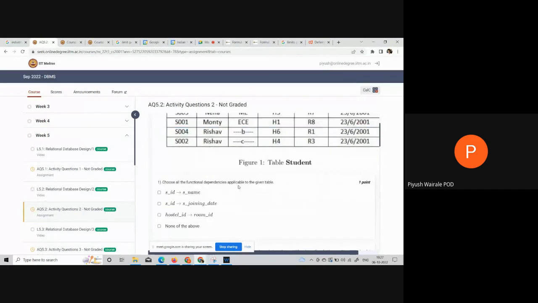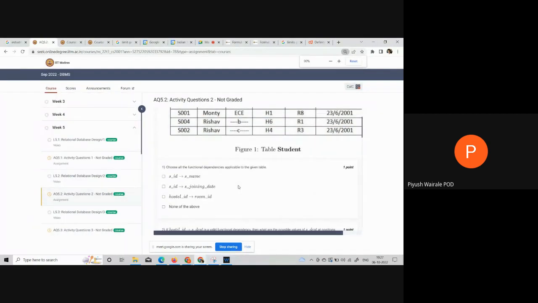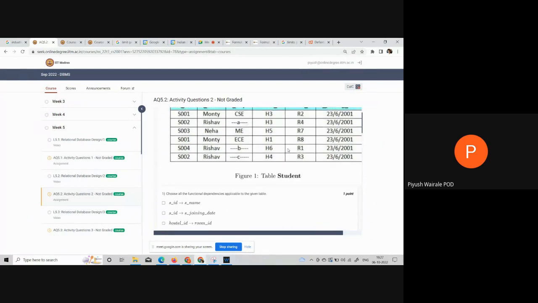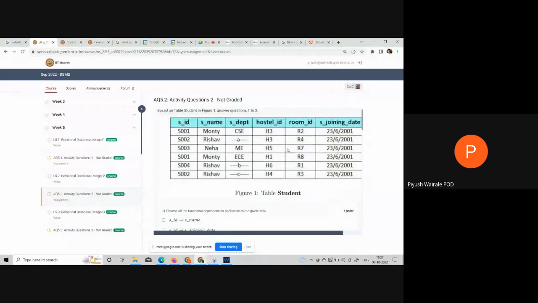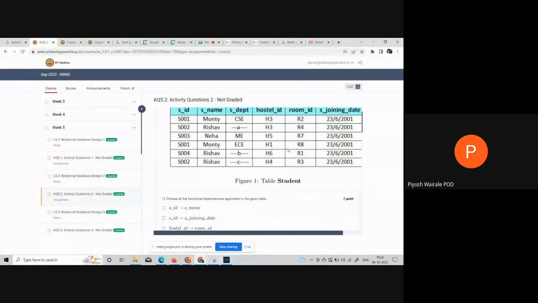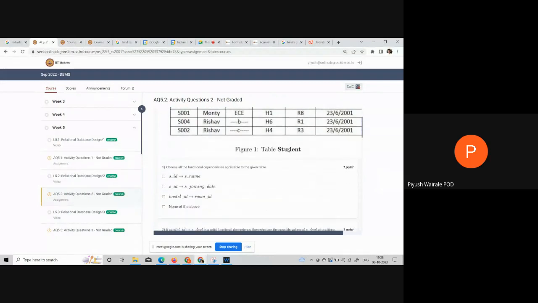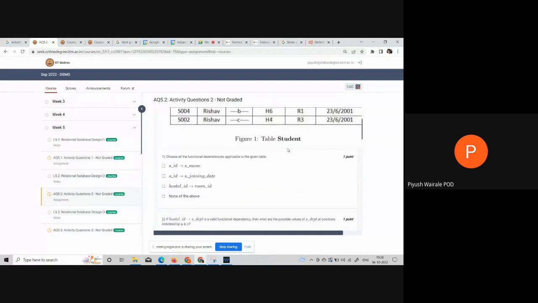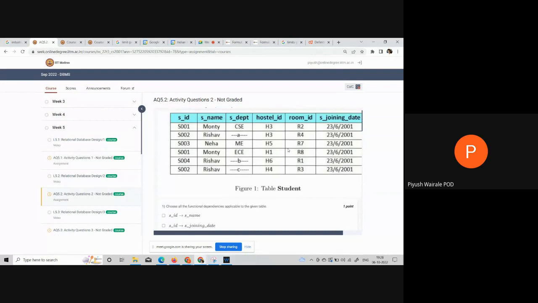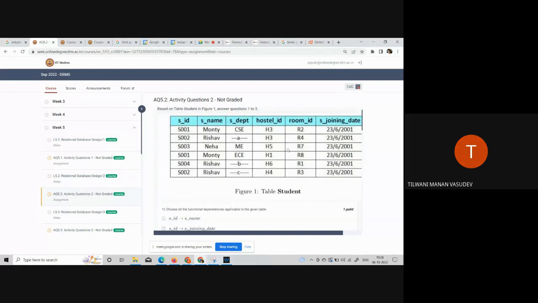Okay, this is a table, and you have to see what are the functional dependencies applicable to a given table. And this is the second question also. Could you please go through this?